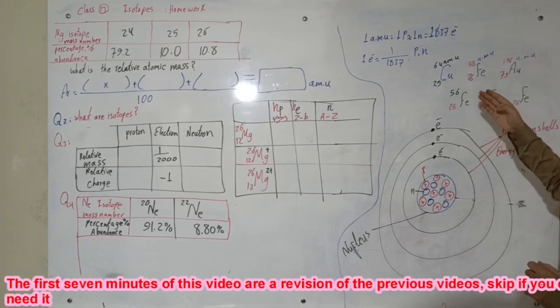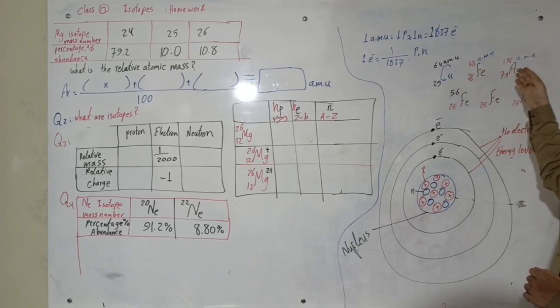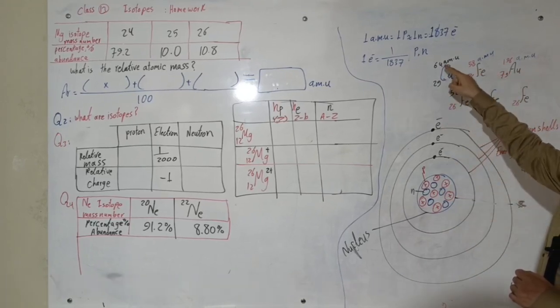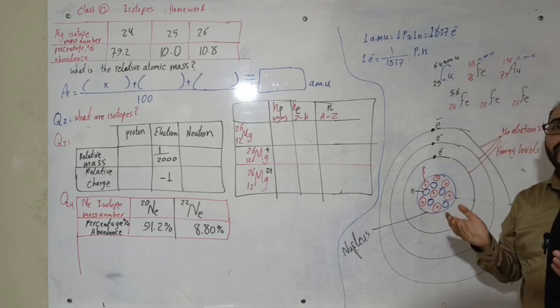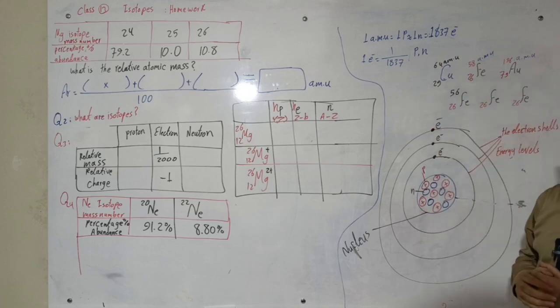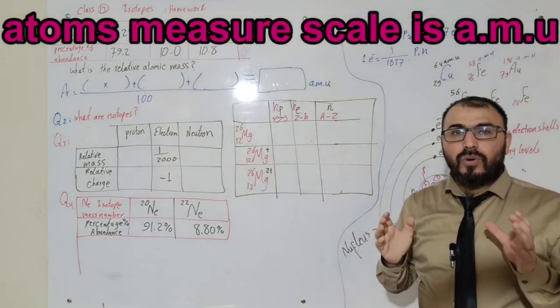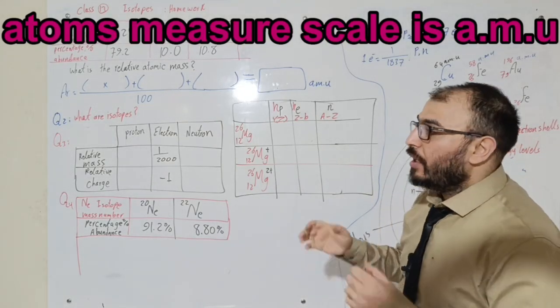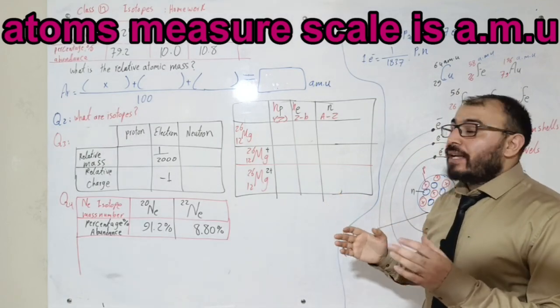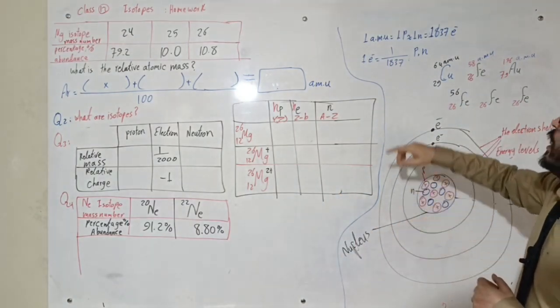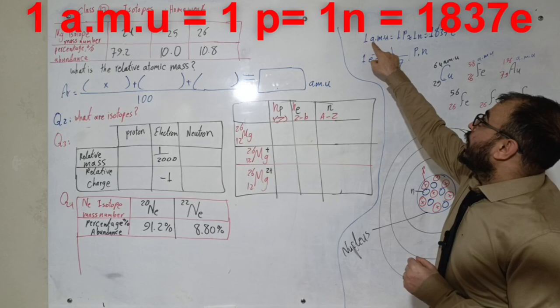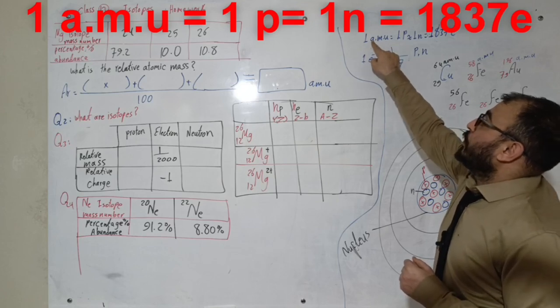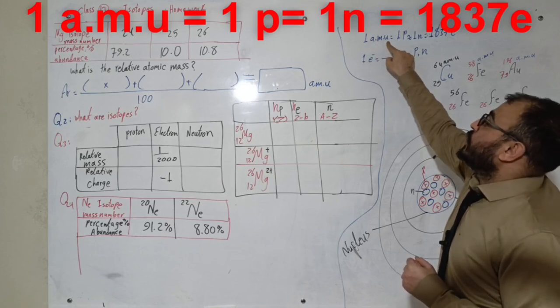Then we said that because elements are different from one another, it is better for us to know the mass of every element by itself, or in isolation. And scientists wanted a fixed scale according to which they can measure the mass of the atoms. So they agreed upon AMU, which stands for atomic mass unit.